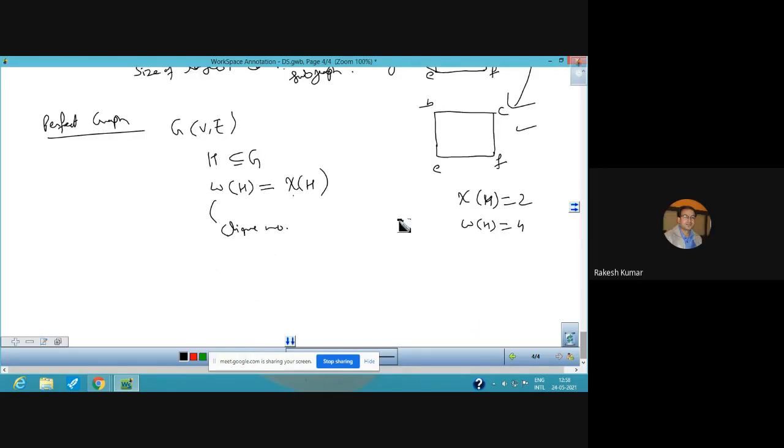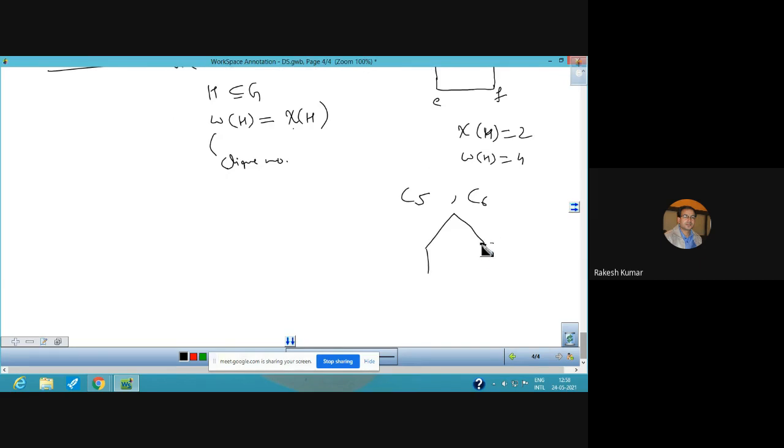Similarly, you can check the perfect graph property for C5 and C6 also. C5 is a cycle, you can take only a cycle. So this is your C5. You will verify or check the complete subgraph.